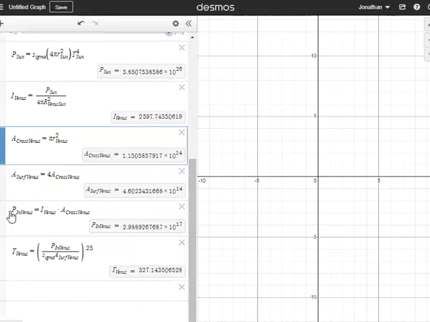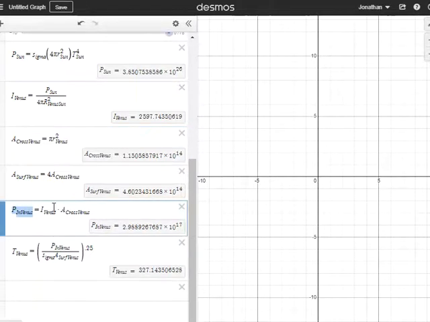And so we're going to figure out what the power coming into Venus is, which is the intensity of the sunlight at Venus, 2,598 watts per square meter, times the cross-section of Venus. And it comes out to be this number.